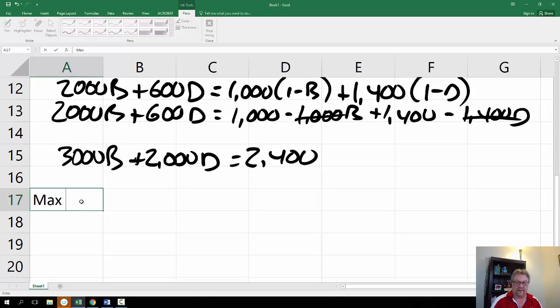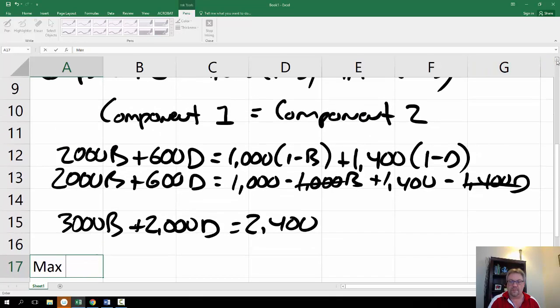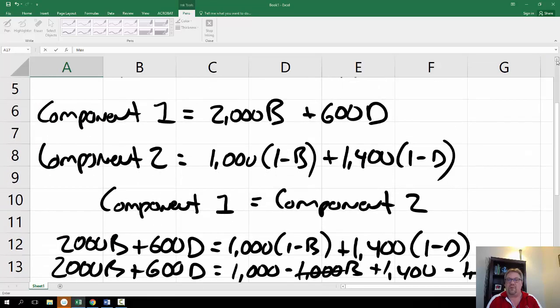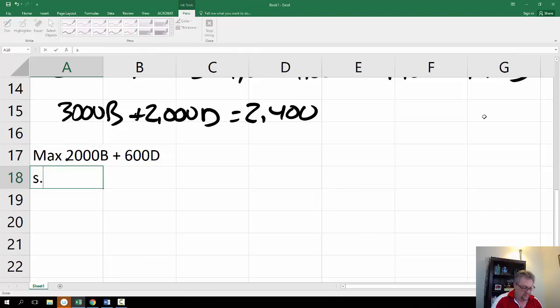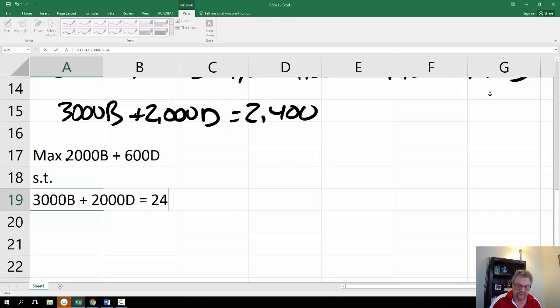I want to maximize this, 2,000B plus 600D, subject to that constraint, 3,000B plus 2,000D is equal to 2,400.